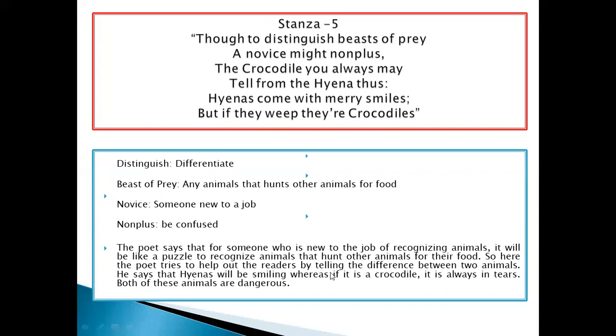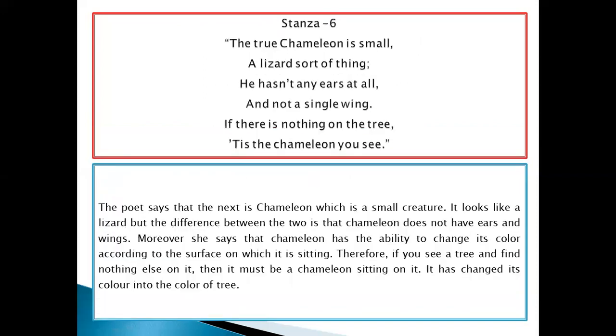It is said that when a crocodile eats its food, tears automatically roll down from its eyes. In the same way, a hyena has a natural smiley face, but it doesn't mean that he is smiling. So these two creatures' characteristics can easily help you to identify them. But both of these animals are quite dangerous.